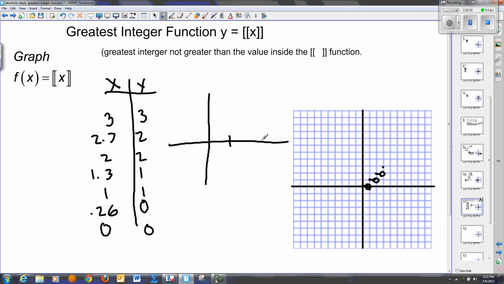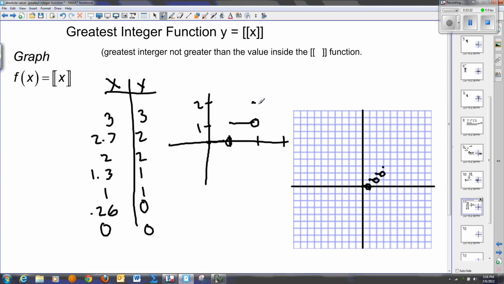here's 1, 2, 3. In between 0 and 1, not including, I have values of 0. In between 1 and 2, I have values of 1 until I get to 2. At 2, my greatest integer value is a 2.